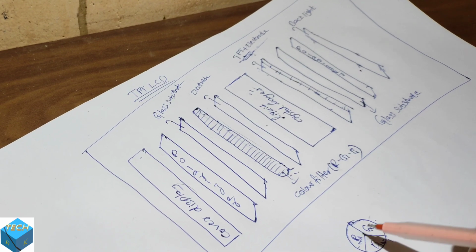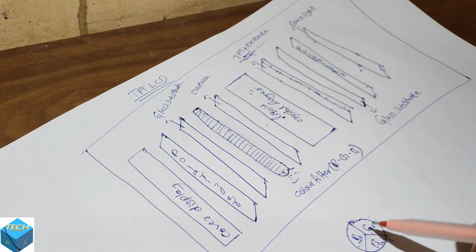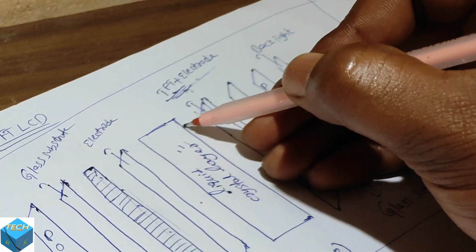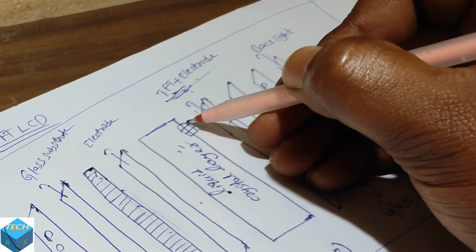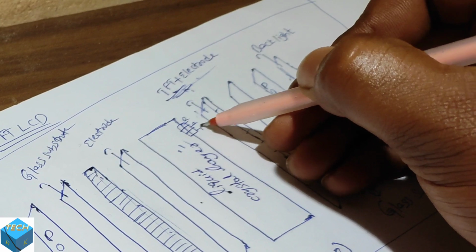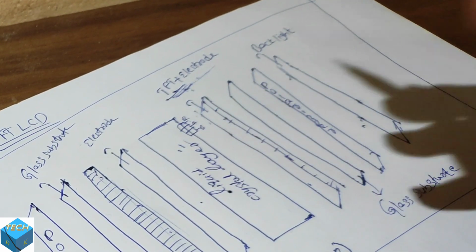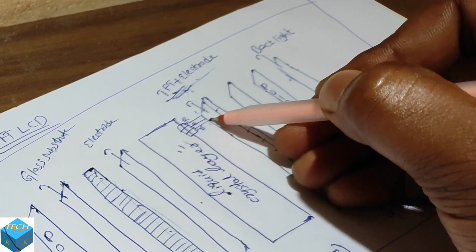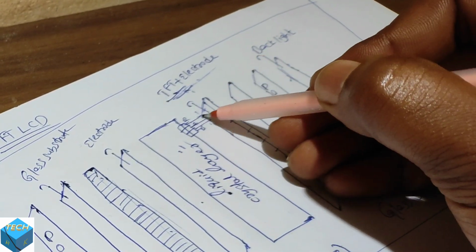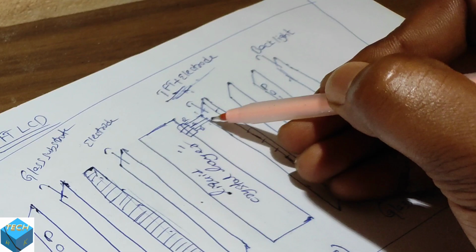So this is the subpixel. Suppose, see, this is the pixel. This is red color, green color, blue color. These 3 subpixels are connected to this TFT electrode. That means each subpixel is connected to one transistor.